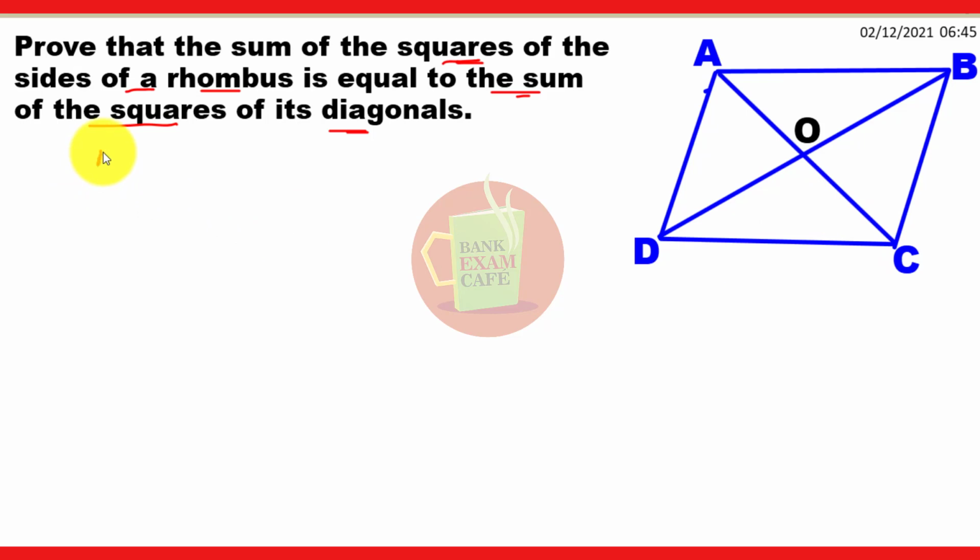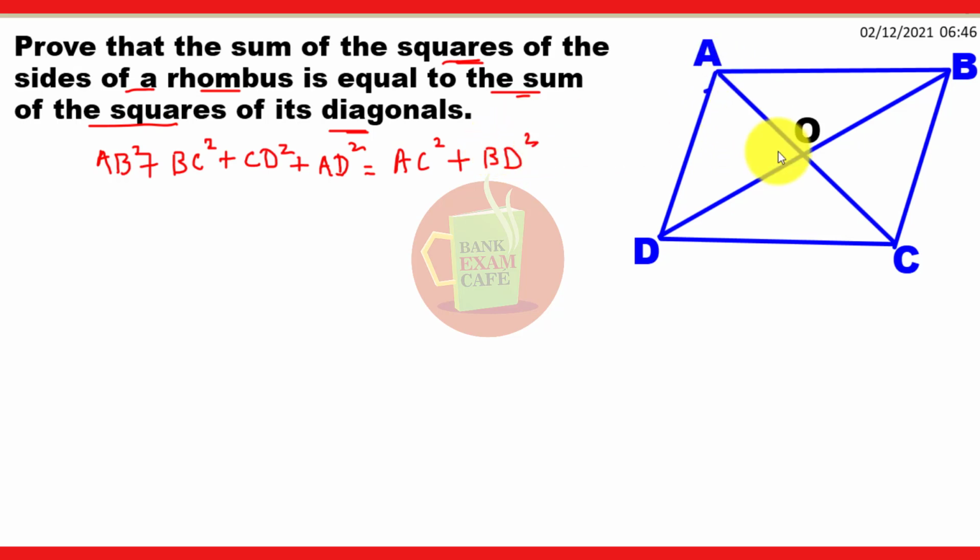It means we have to prove that AB square plus BC square plus CD square plus AD square, the sum of the squares of the four sides, is equal to AC square plus BD square. AC is a diagonal and BD is a diagonal, and this is the sum of the squares of the diagonals of the rhombus.